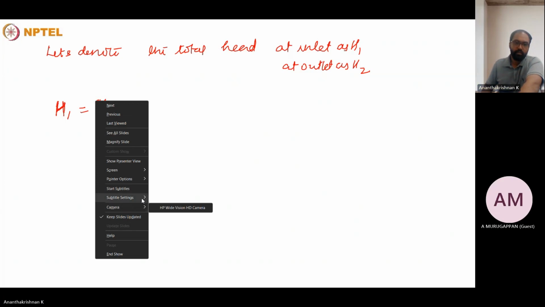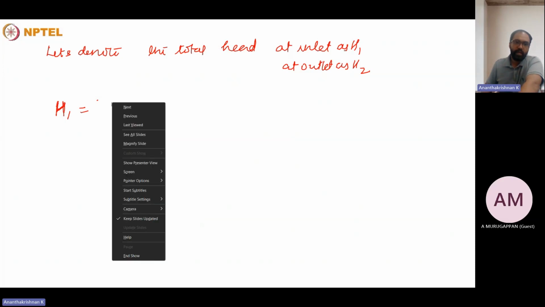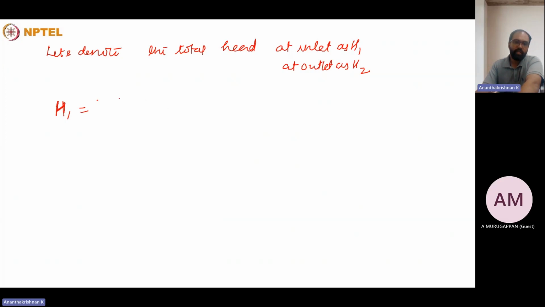Since this is a swirl free flow at the outlet, we can neglect the C theta 2 component, or the tangential component at the exit. So only the tangential component at the inlet of the absolute velocity remains, multiplied by U1 divided by g. So this is equivalent to the head developed by the turbine, C theta 1 U1 divided by g, plus the head loss, frictional head losses or all kinds of head losses in the runner, that will be represented as HL.